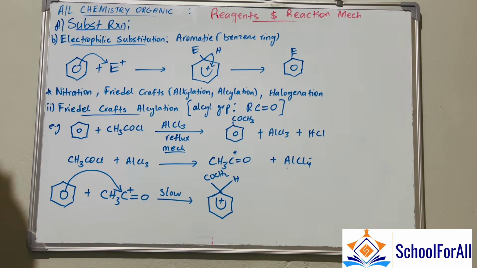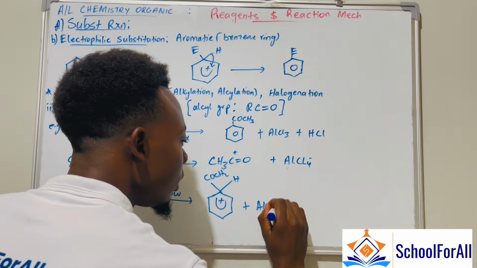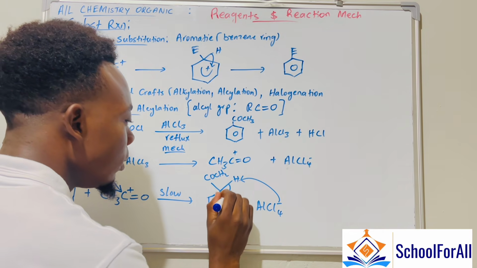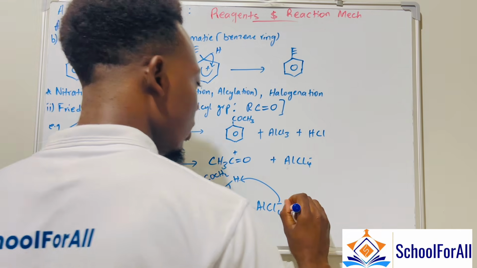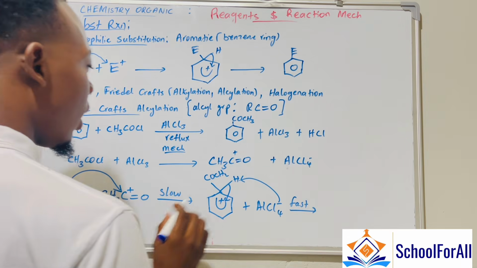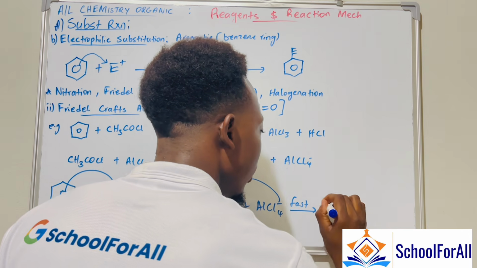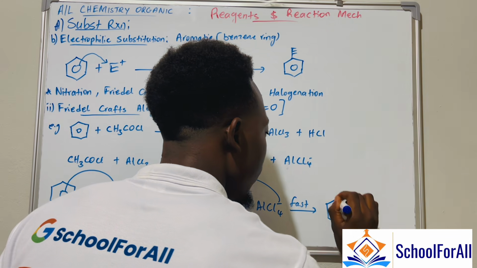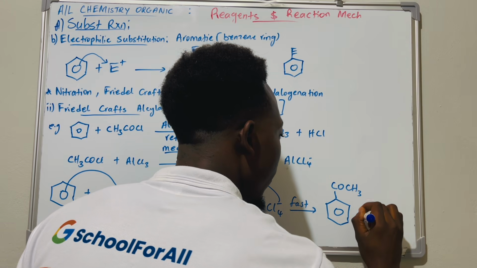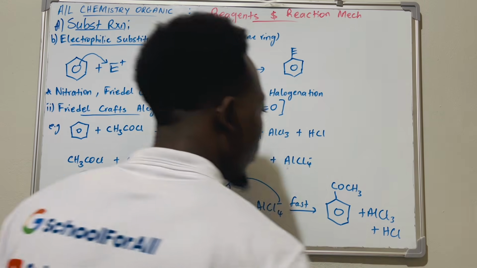This intermediate species, what happens? The same thing that happened in the other one. I will have the 4 minus. You will come and remove this H, and the bond will be stabilized. And finally, my first step, what will happen is that I will have my compound.